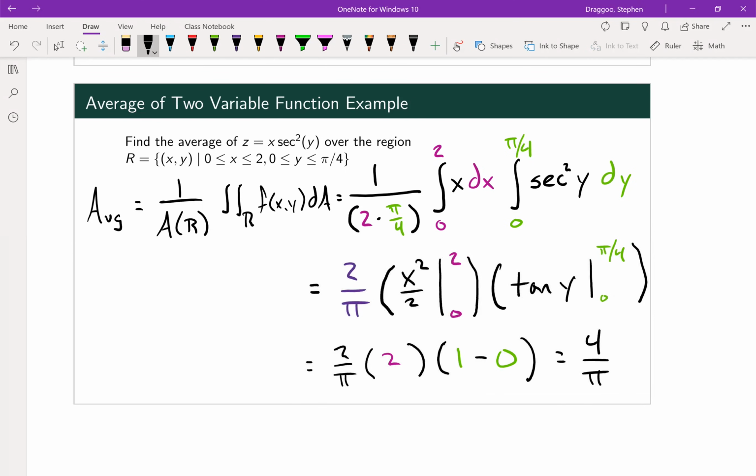Bring it back inside the lines. All right, cool.